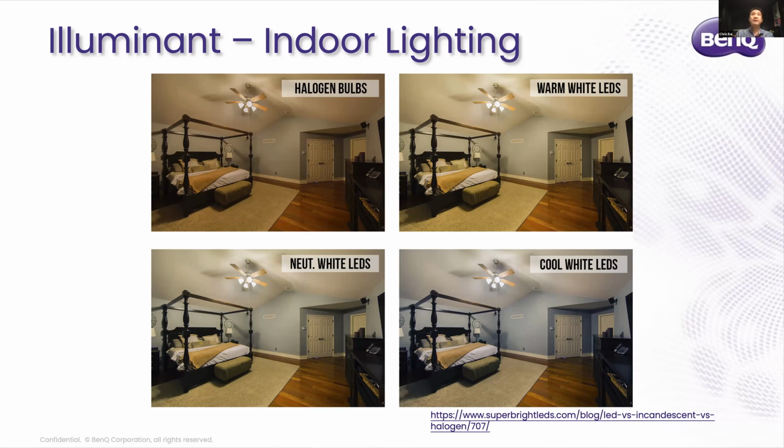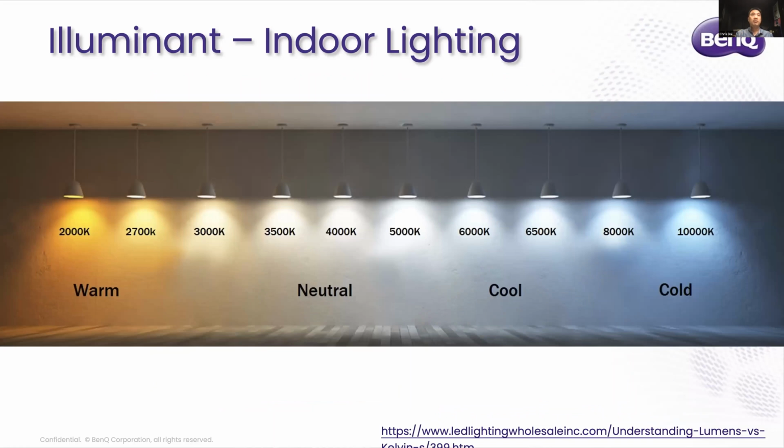So there are different color temperatures for setting the mood of your home, and different people have different preferences. So there are no standards here. In the lighting industry, there are many different color temperatures to choose from for light bulbs. You can have from warm color temperature to neutral, to cool, to cold. These are non-standardized illuminants.